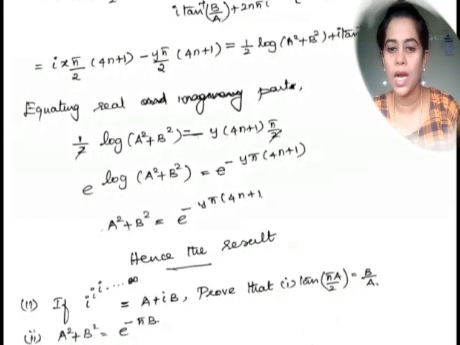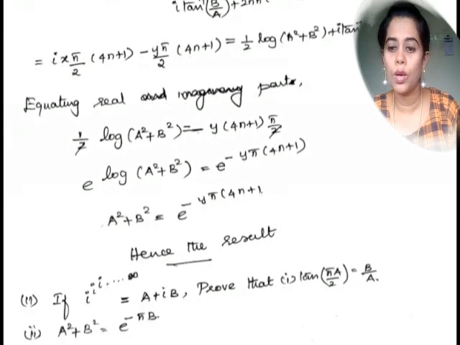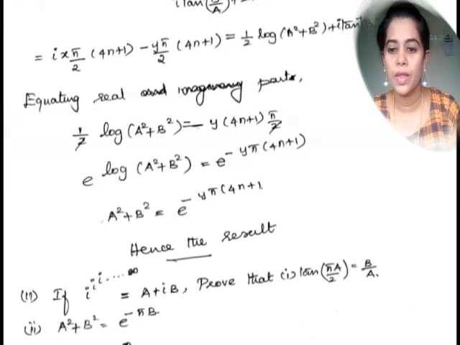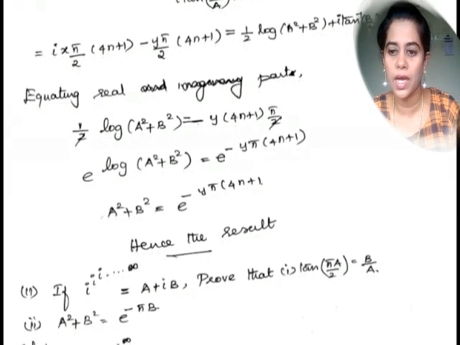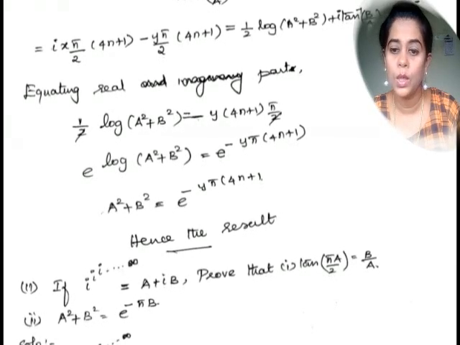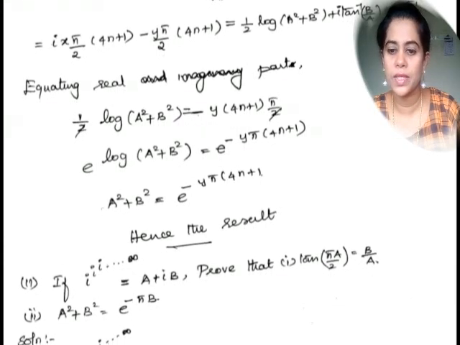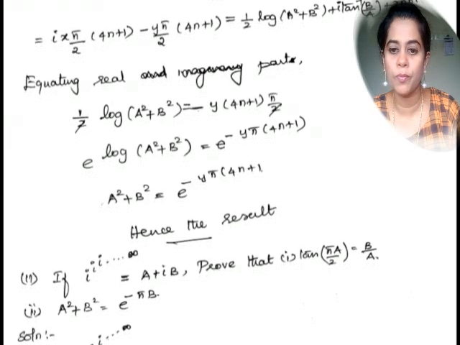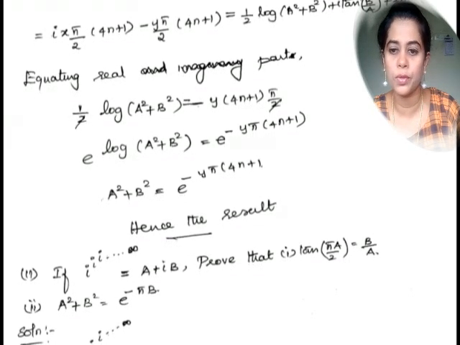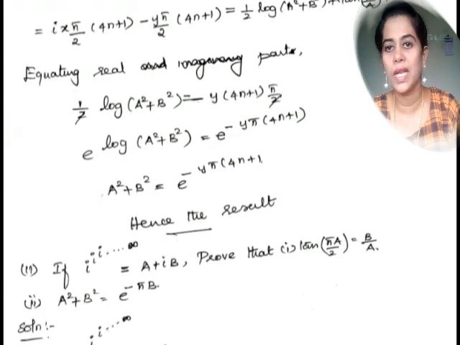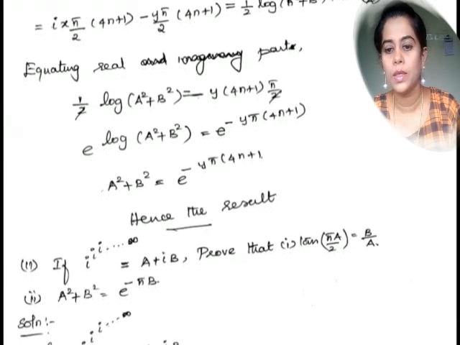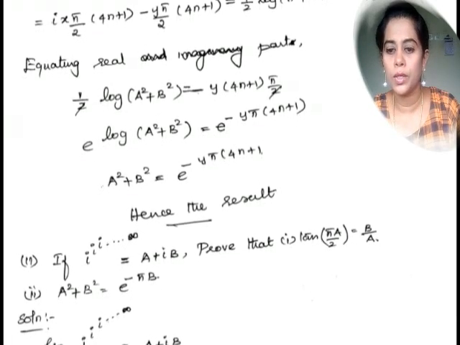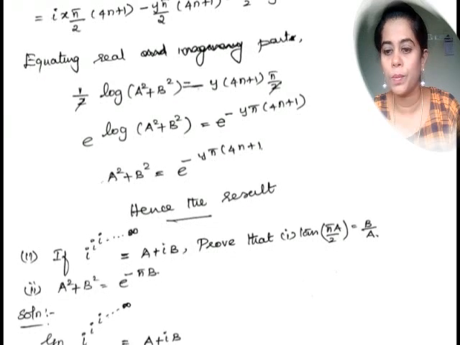What I am getting is half times log of (a squared plus b squared) on the right hand side, which is equal to the left hand side, i pi by 2 (4n plus 1) minus y pi by 2 (4n plus 1). Let me take only the real part, which is minus y into (4n plus 1) into pi by 2.